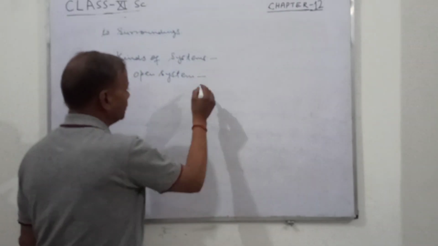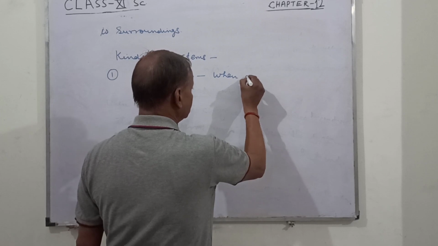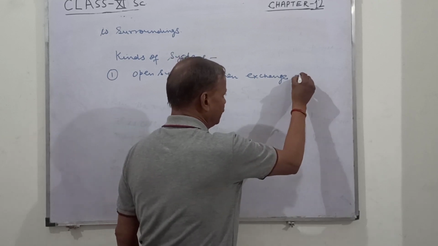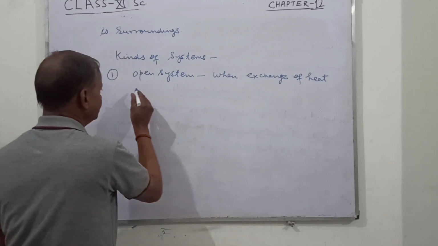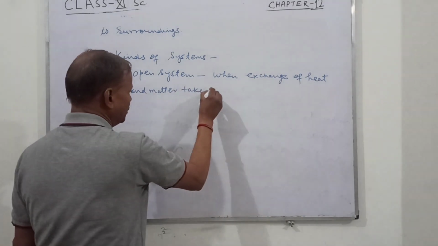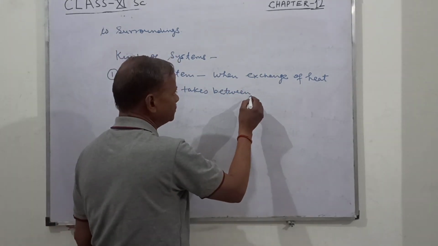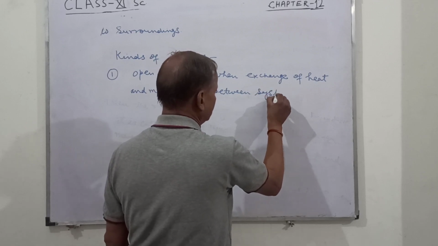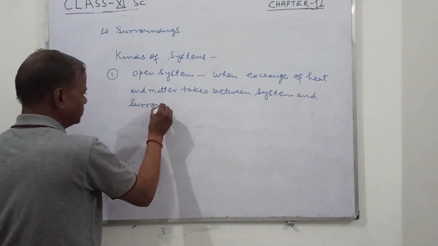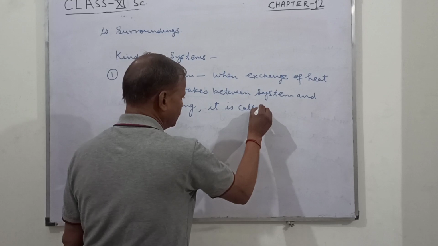Open system is when exchange of heat and matter takes place between system and surroundings. It is called an open system.